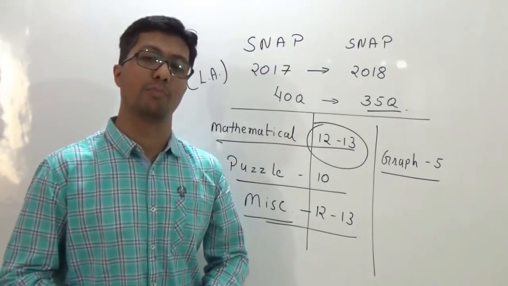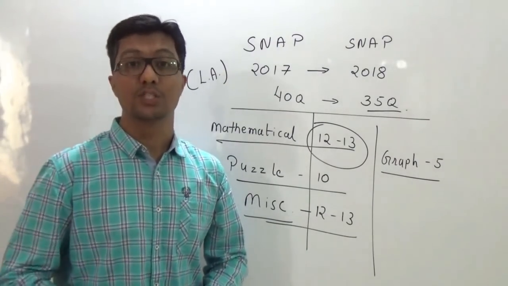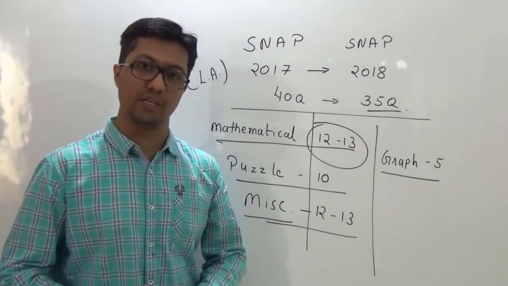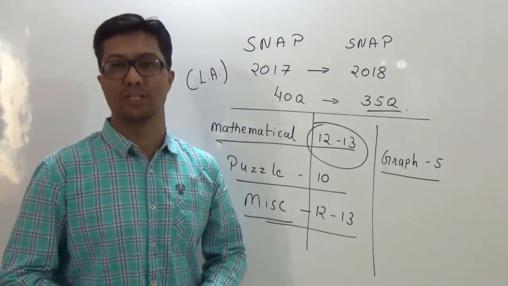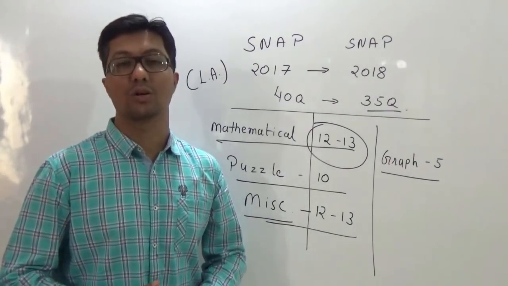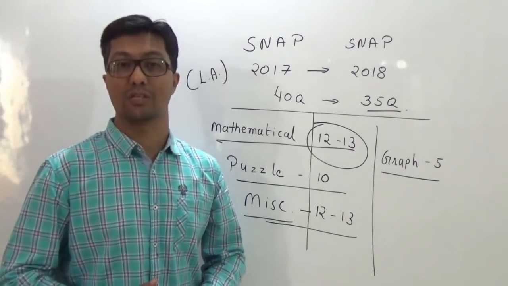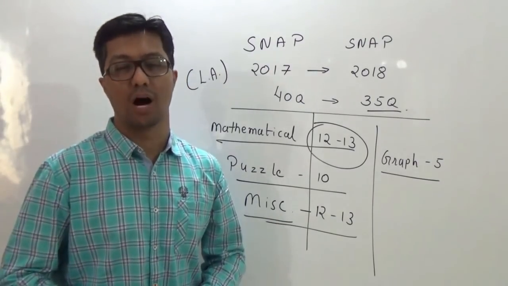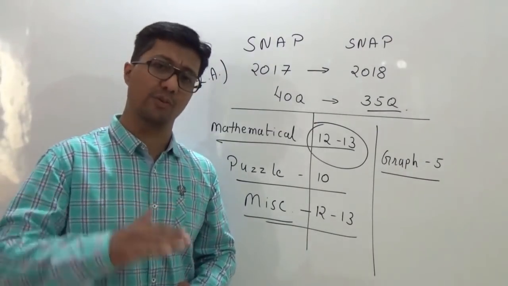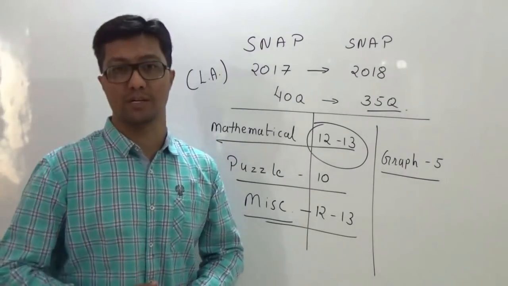So it becomes very important to maintain your speed. Now, some people sacrifice accuracy to maintain speed, and inaccurate results are not good as they are going to fetch a lot of negative marks. So you have to balance both your accuracy as well as speed.